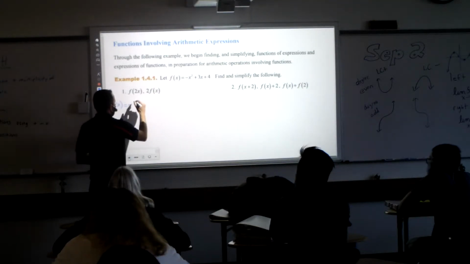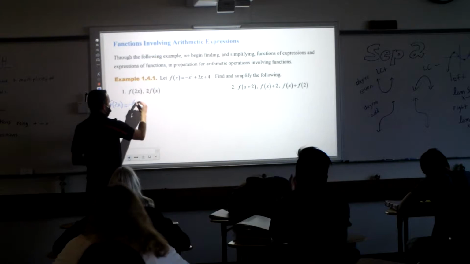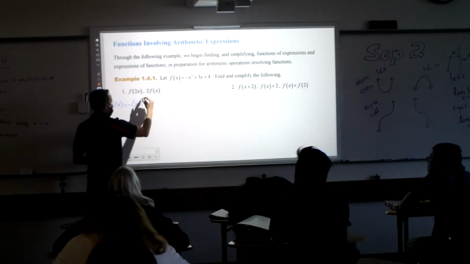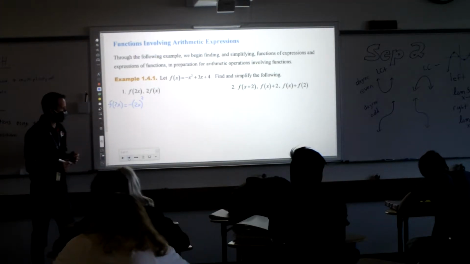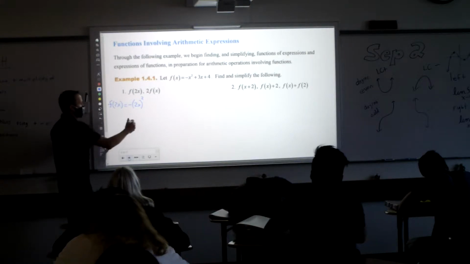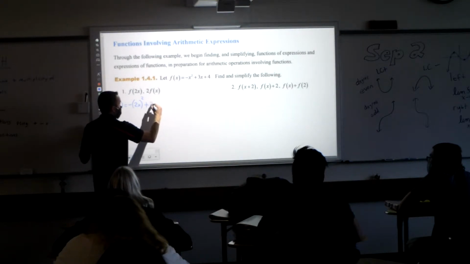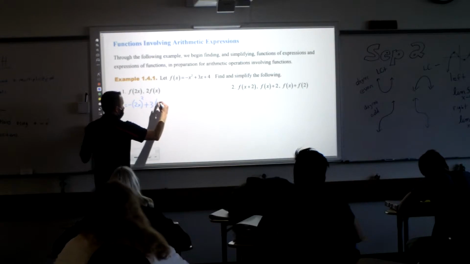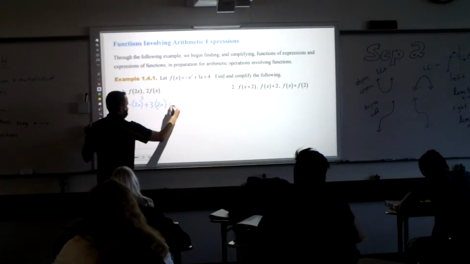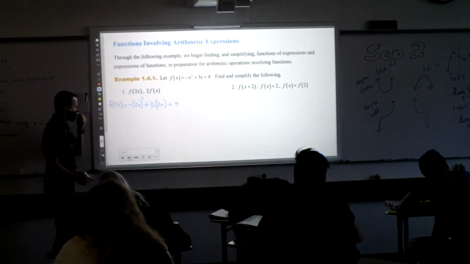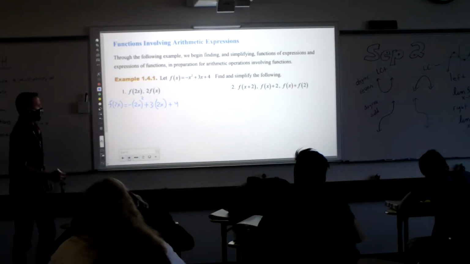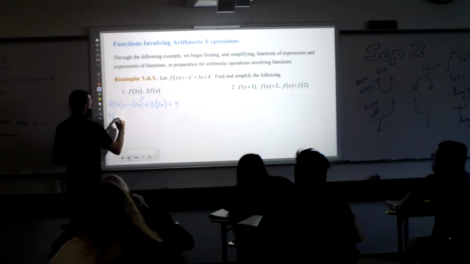So here, I have a negative, and then where I see the x, I'm putting 2x. Then I square it. Make sure you're careful with your parentheses so that you don't forget something like squaring both of them. I'm going to do 3 times 2x plus 4. Alright, let's simplify that.